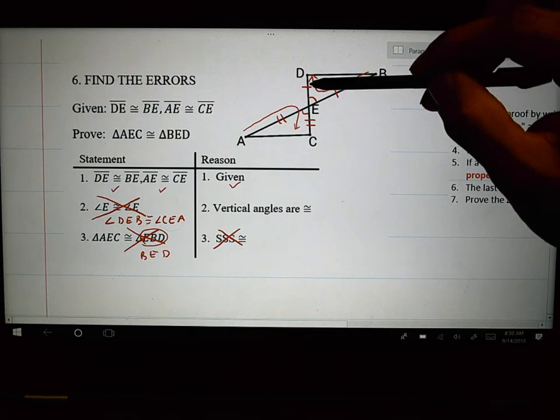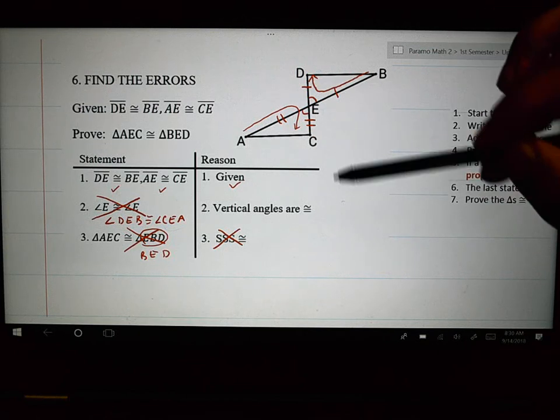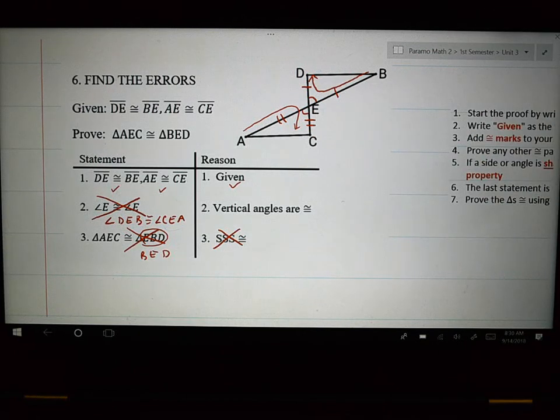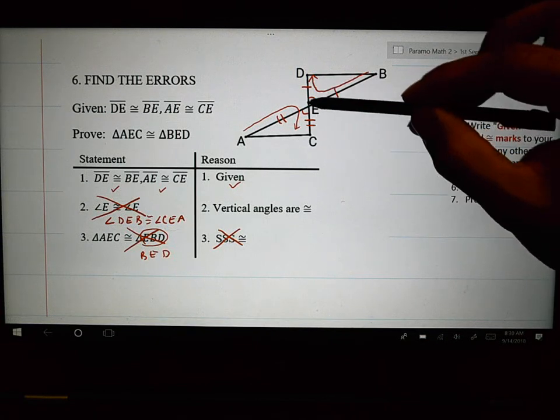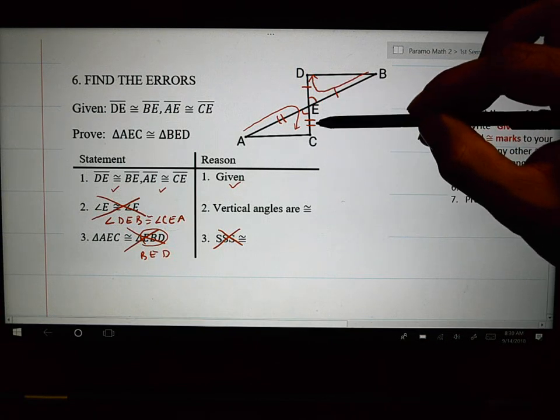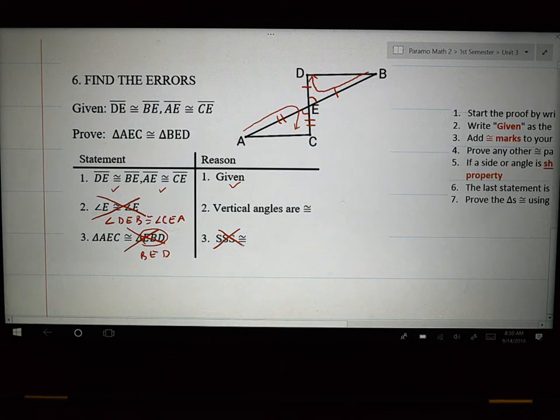And I don't know if that's congruent in the other triangle. Side angle side only works if the side angle side in both triangles are the same. And I don't know if the 1 is the same as the 2, or if the 2 is the same as the 1. So I can't even use side angle side. I don't know right now based off of this given information if they're congruent.